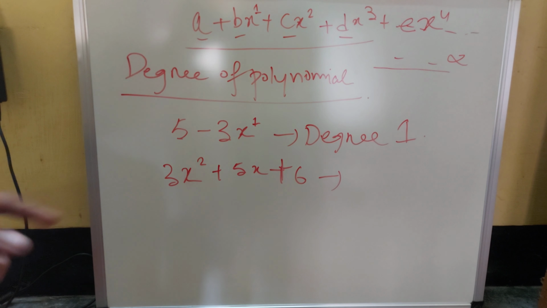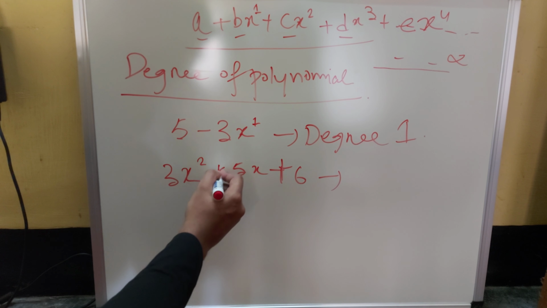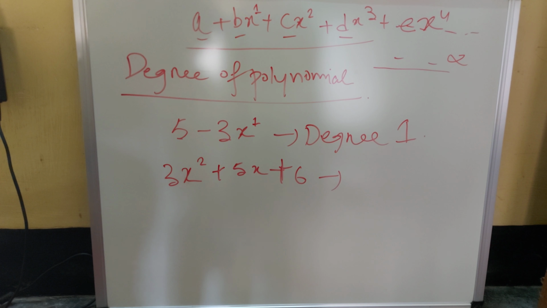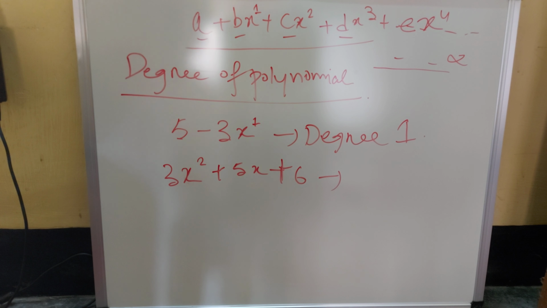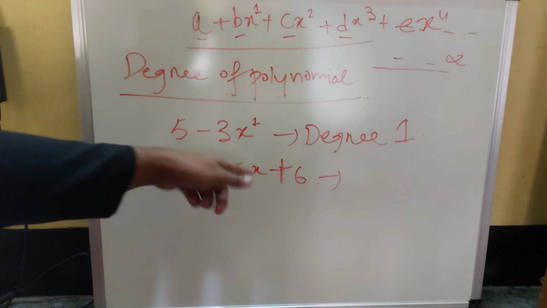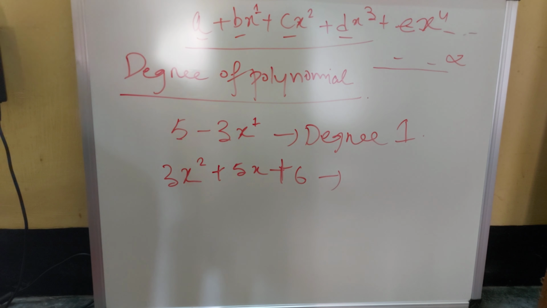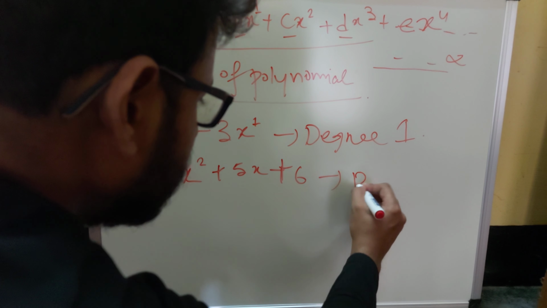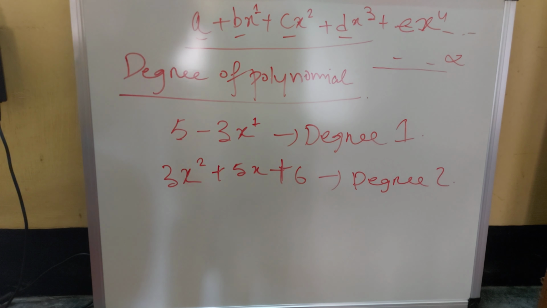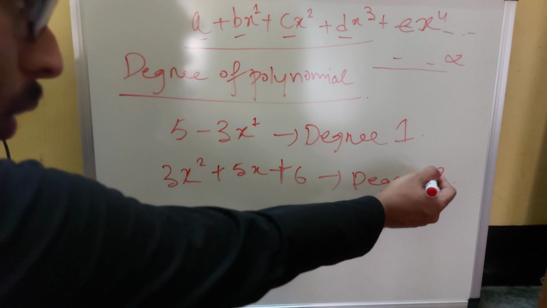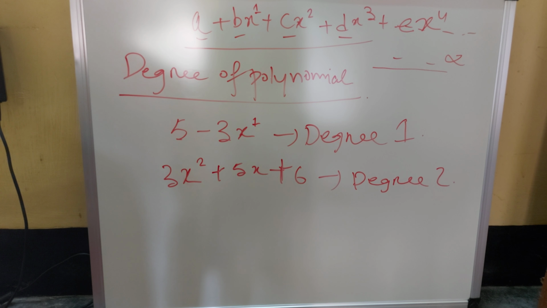In this case, x has a power of 2 and x has a power of 1. But from the definition, it is the greatest power of the variable present. So, what is the greatest power of the variable here? 2, right? 1 is also there, but 2 is bigger. So, this polynomial is of degree 2.